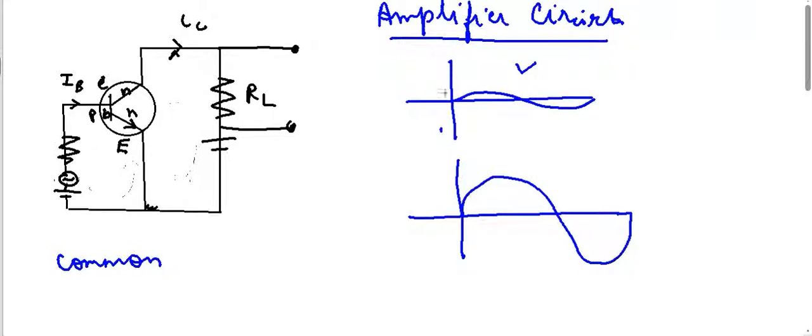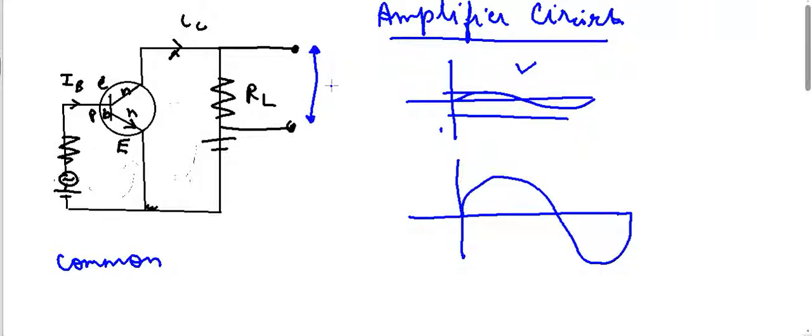The amplitudes are very small, and I want to amplify it. So I will pass it through this transistor circuit, which is a common emitter type, and I will get an output from these 2 points.